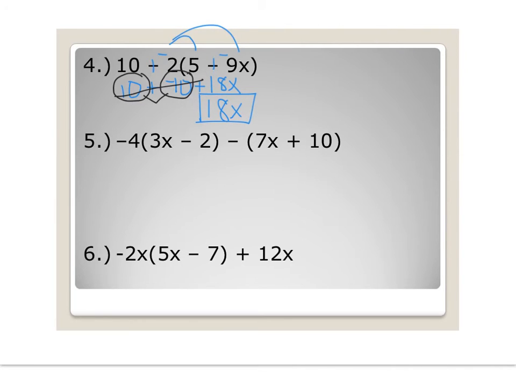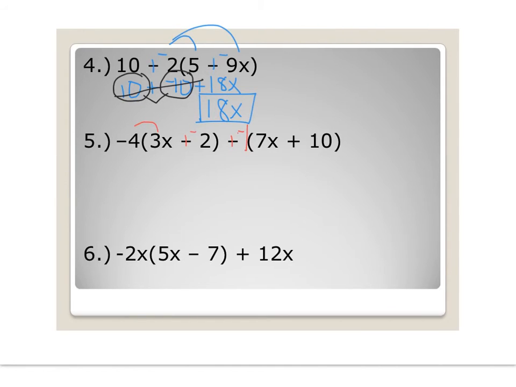Taking a look at number 5. Again, tons of subtraction. Let's add up. And here, there's a minus sign, but there's no number after it. So we have to do plus a -1. So we have to place that 1 in there so that way we know we're distributing a -1.